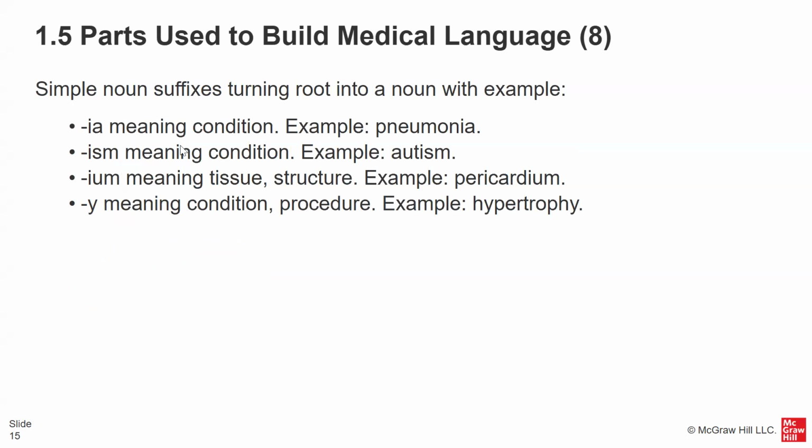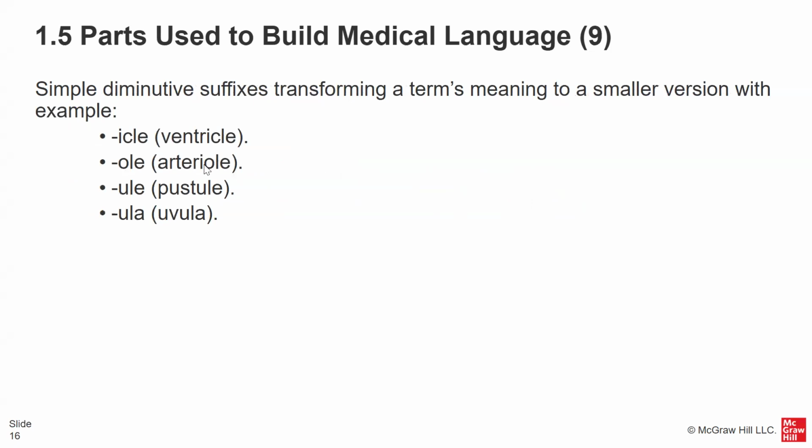Suffixes can also be a noun ending. Okay. Ia, ism, and y. Hypertrophy, excessive growth, okay, the pericardium, the sac surrounding the heart. So suffixes can also be noun endings.